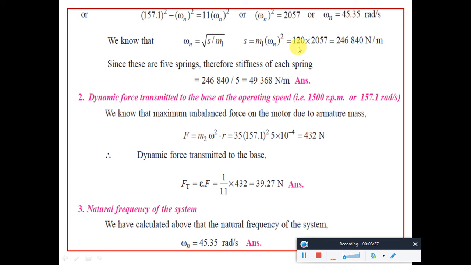So this m1 is 120 kg, the mass of the motor, and omega n we have found is 45.35. After squaring it, 2057, so you will get 246840 Newton per meter. This is the net stiffness. We are using 5 springs, therefore when you divide this answer by 5, each spring will have 49,368 Newton per meter. This is the stiffness value of each spring.